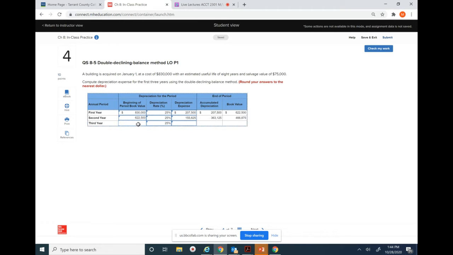So the next period, the third year, I'm going to have the book value of 466,875. And I'll continue the calculation with the 25% rate. So third year, 466,875 times 25%.